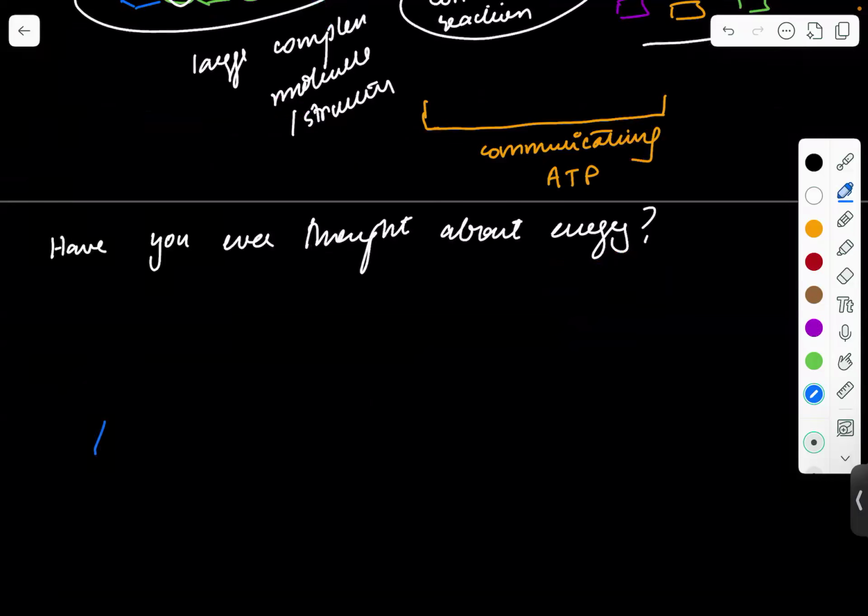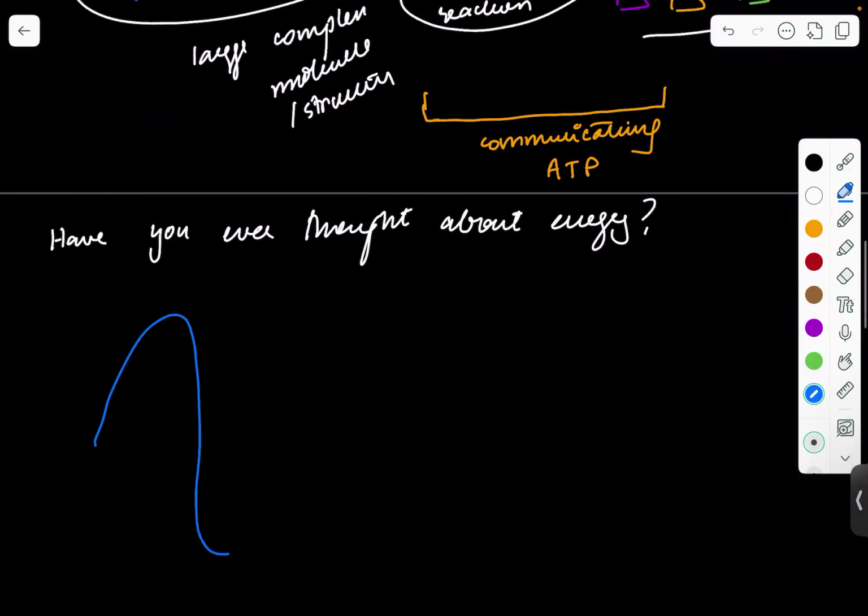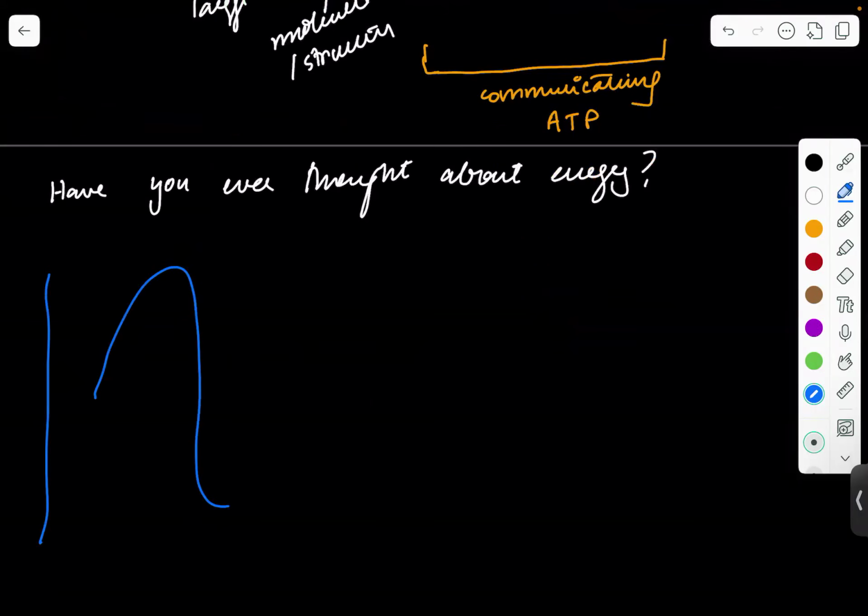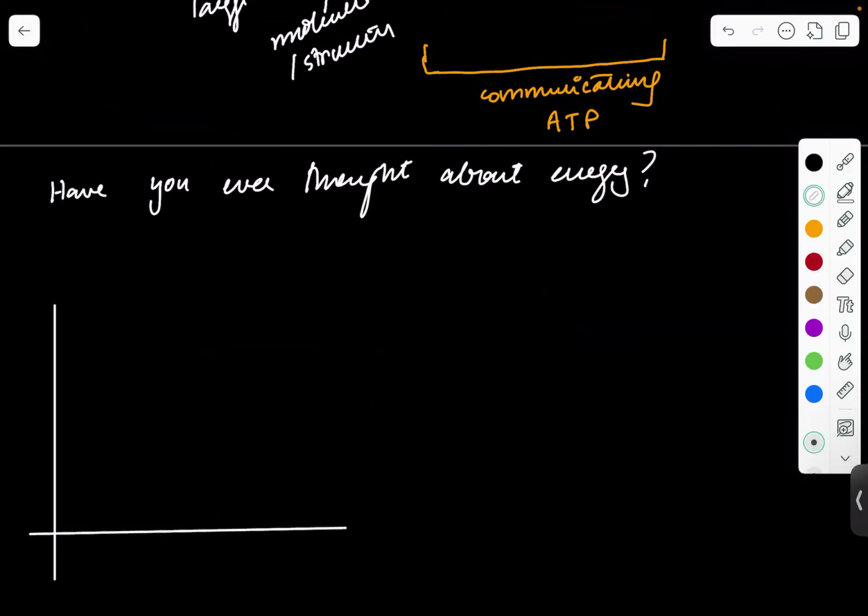Usually, when you're making a large structure, this is a way of explaining. Sorry, I'm just going to draw a line. So let's say this is a graph that I have. On this side, I have energy, and on this side, I have time or reaction.